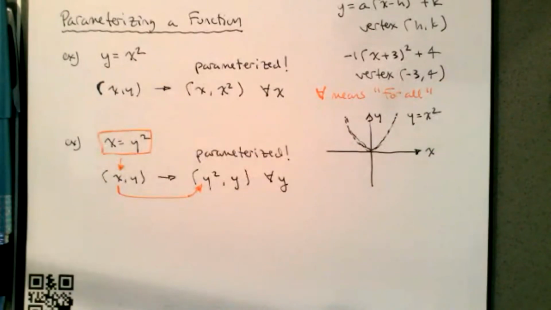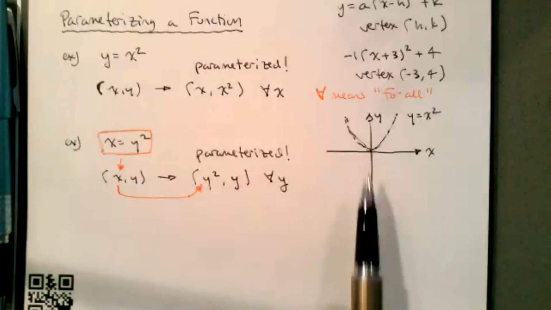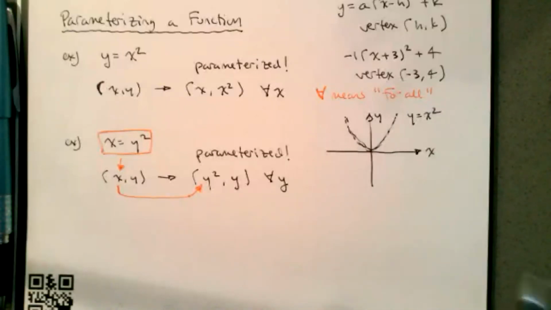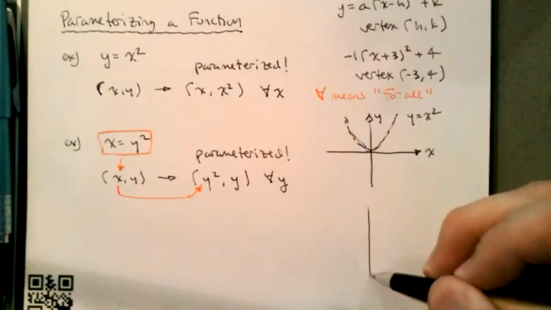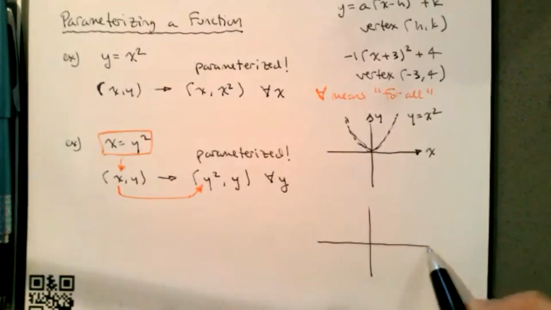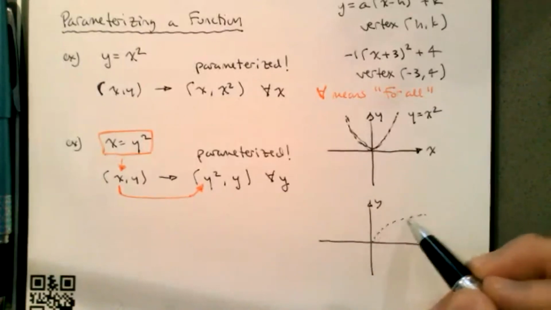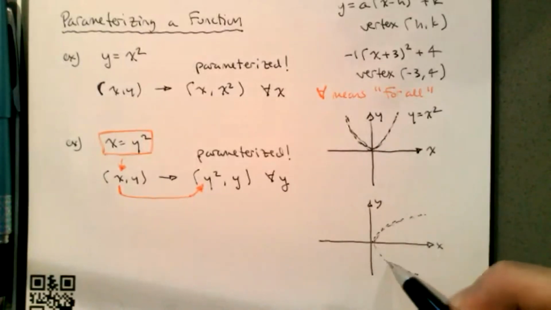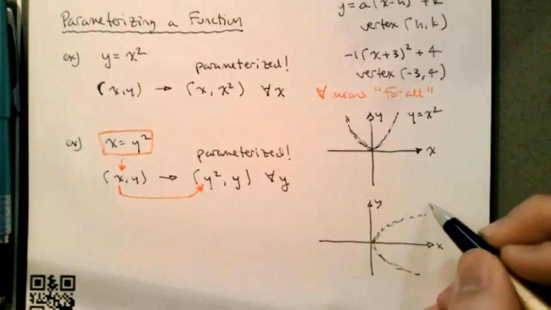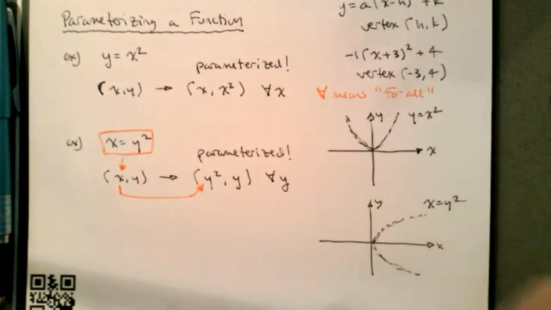But there's no reason that the horizontal has to be the input and that vertical has to be the output. In this case, I'll take y as the input and x as the output, and I get the same shape, a parabola. It's just facing the other direction.